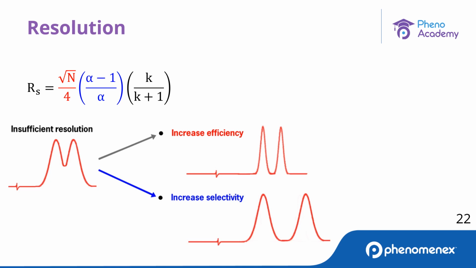If you increase efficiency, then you see that the peaks are sharper and they are still as far apart as they used to be, so selectivity hasn't changed, but now you have achieved baseline separation. Or when increasing selectivity, you can see that the peaks are still as broad as they used to be, so efficiency didn't change, but because the analytes elute further apart, there is also baseline separation.